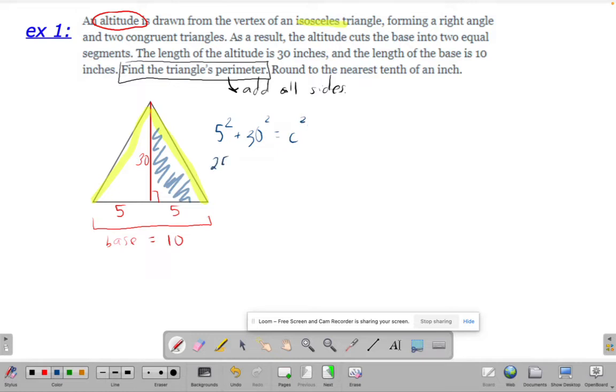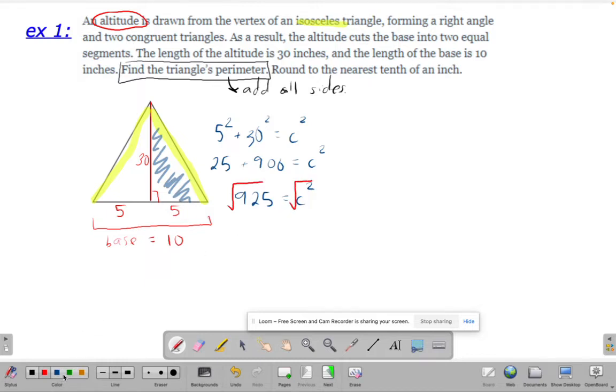This is 25 plus 900 equals c squared. So this is 925 equals c squared. Remember, then we take the square root of both sides.